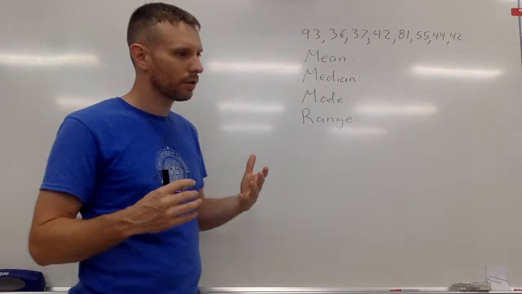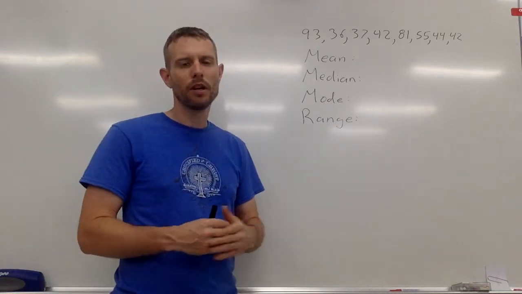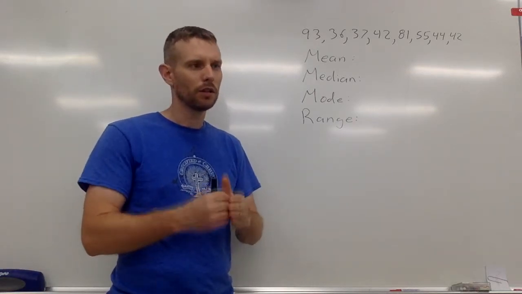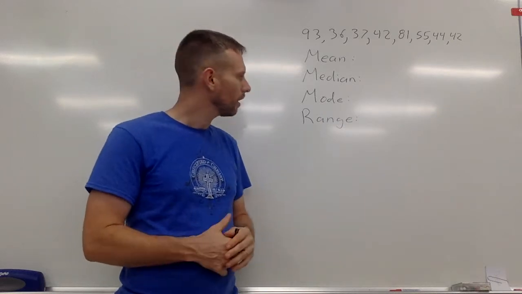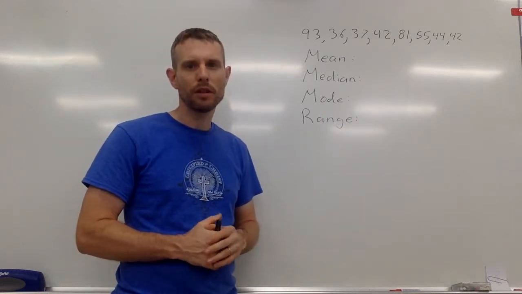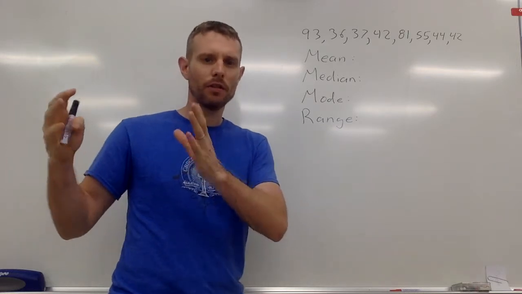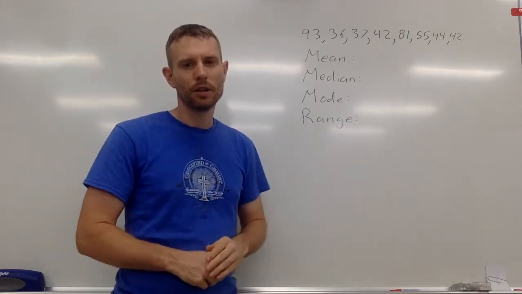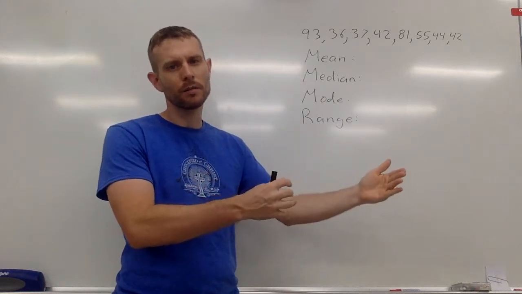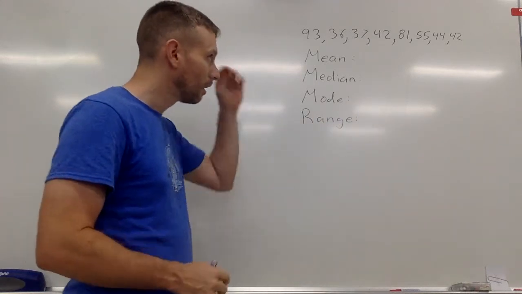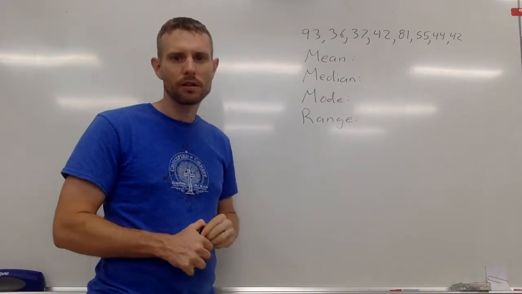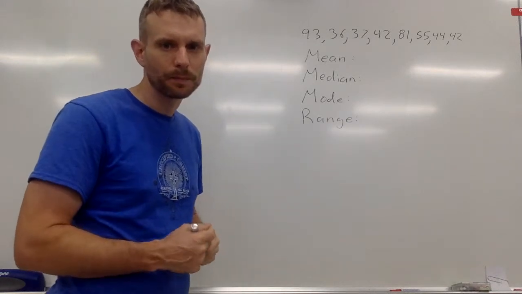And then the range is simply the difference between the greatest value and the least value. In other words, if you take the highest number and subtract the lowest number, you get your range.